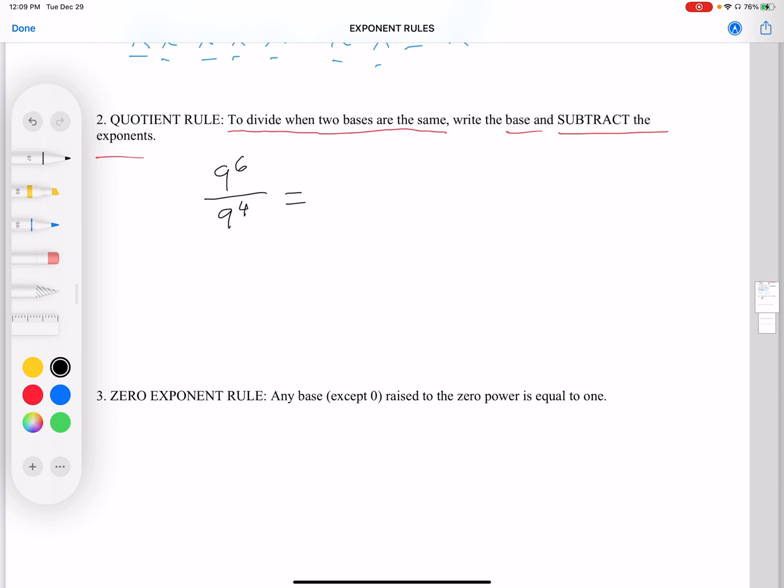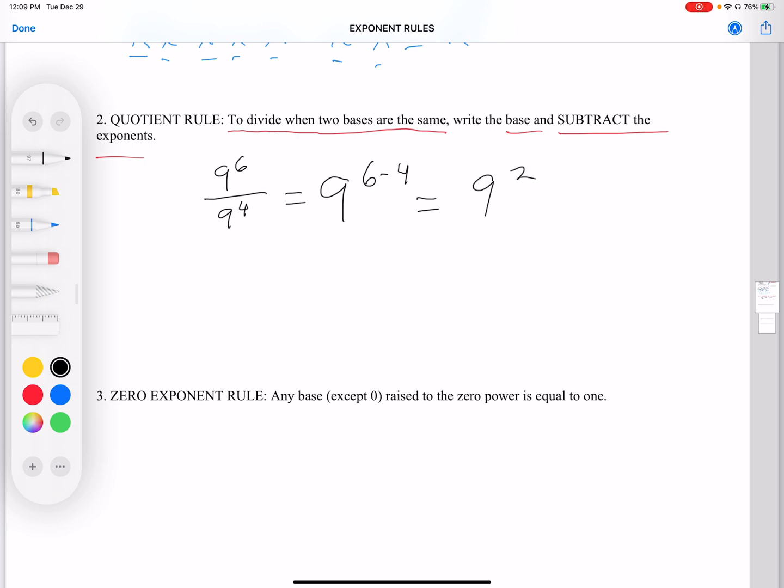They're both 9. So your answer is going to be the base and your exponent subtracted. You're always subtracting the numerator by the denominator. And this becomes 9 squared.